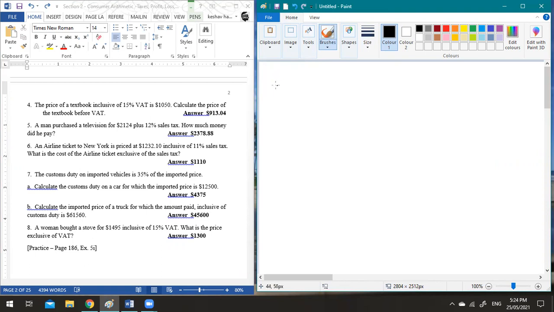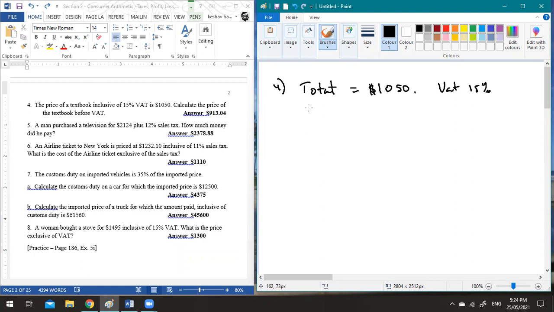So number 4, the price of a textbook included of tax. The after tax price, the total price, was equal to $1,050. Calculate the price of the textbook before tax. And the VAT was 15%.